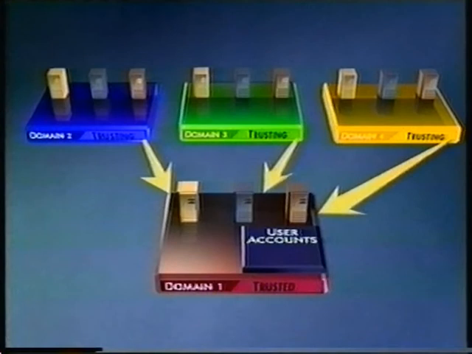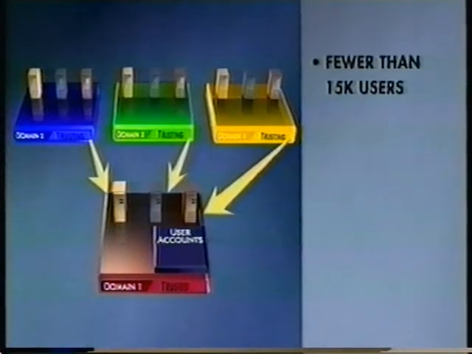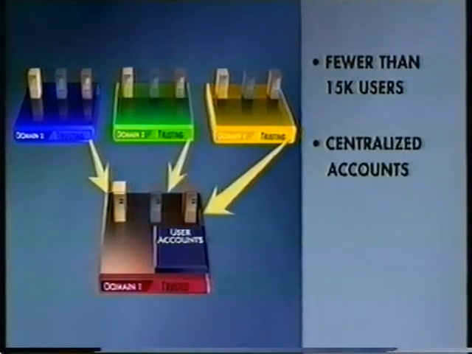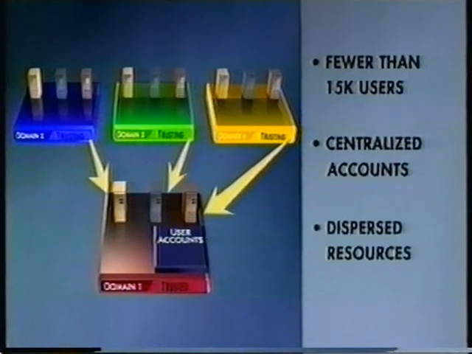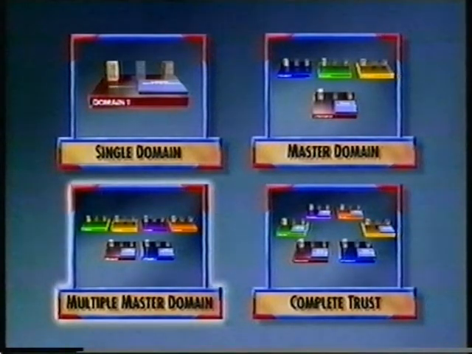Because of the way the trusts are implemented, users with accounts in the master domain are able to use resources in all the other domains. The master domain model may be the best choice for companies with fewer than 15,000 users who want to take advantage of centralized account management while allowing resources to be managed locally in the resource domains of various divisions and departments.